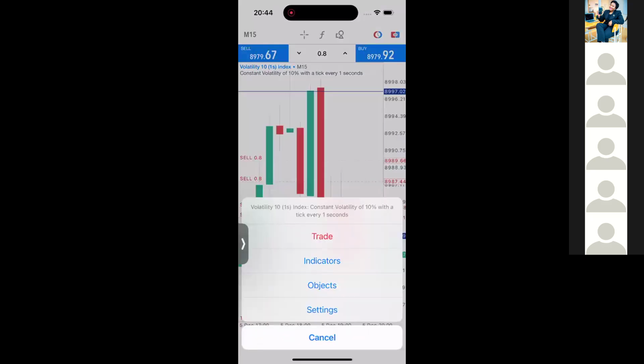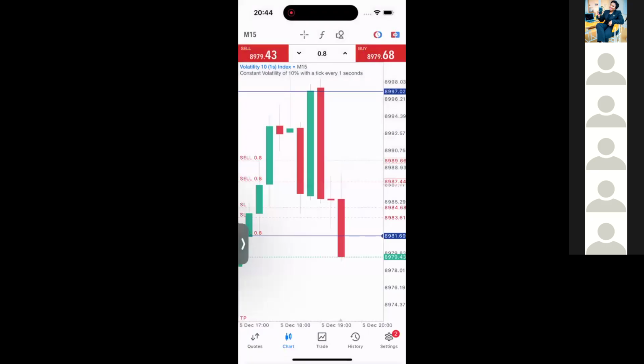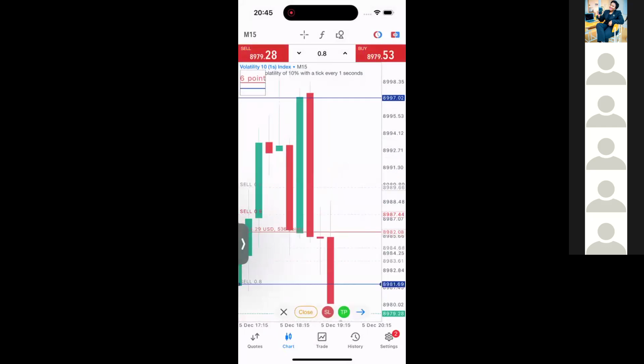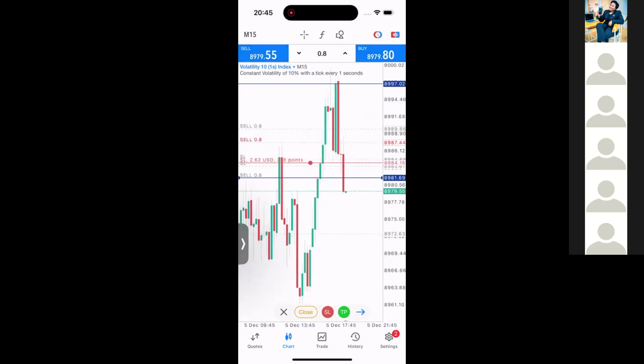I'm sorry, guys. As you can see, the price of the market already passed 8981, which is my TP1. All I want to do is bring my stop loss to that TP1. You understand? I'll bring it here. 4.50, my stop loss.